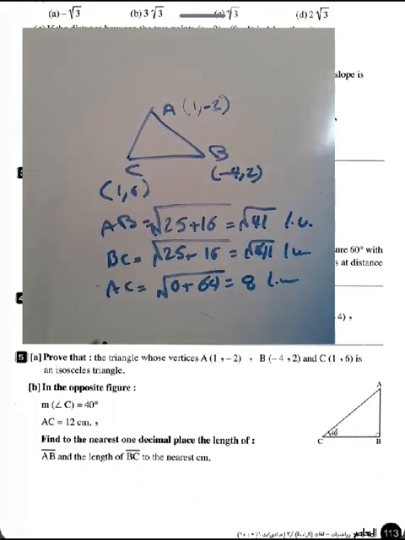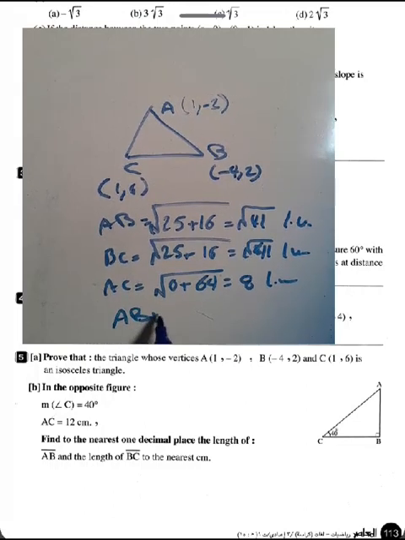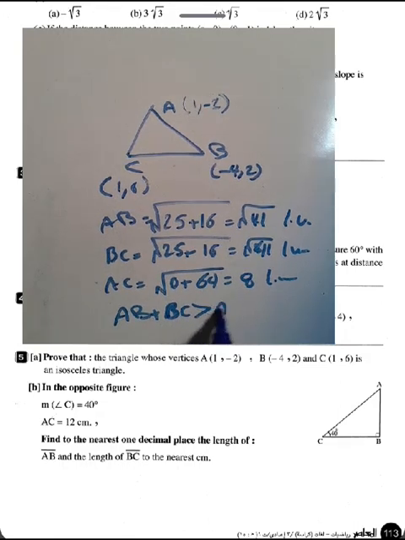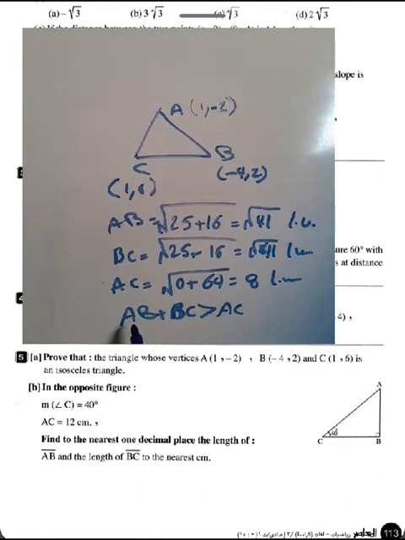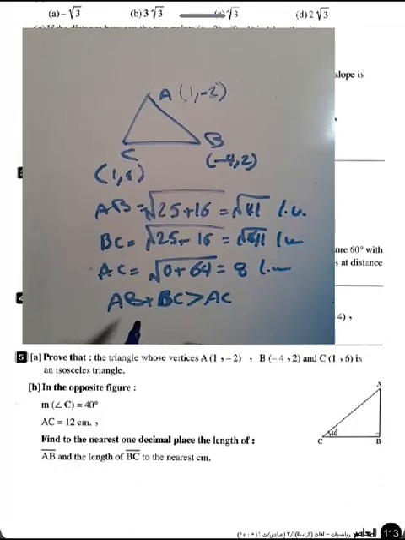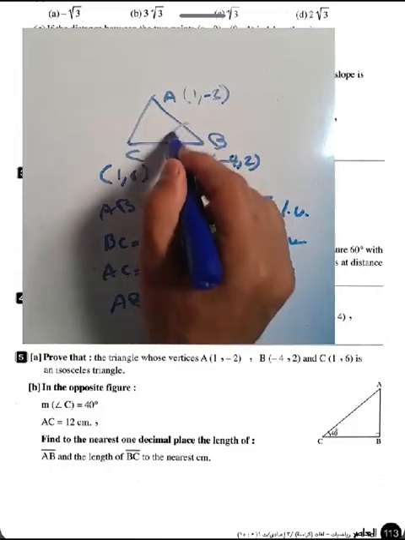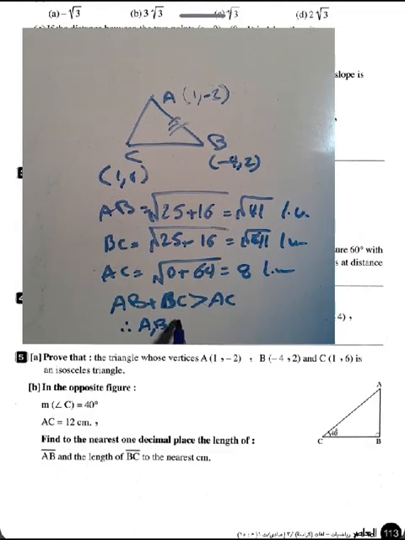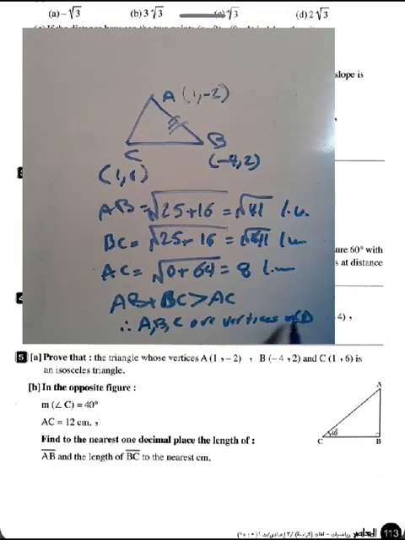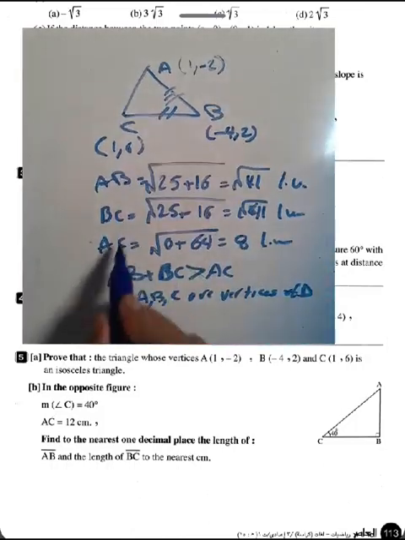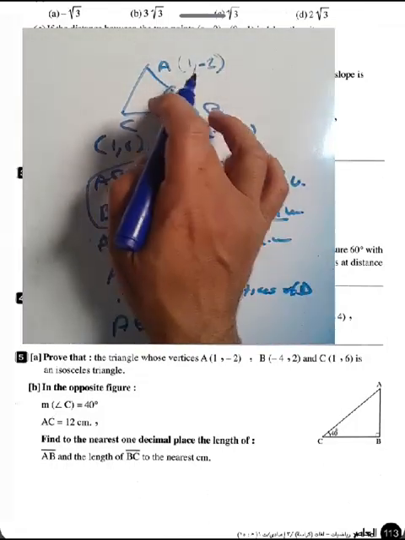Then we know the sum of any two sides in any triangle is greater than the third. If you add any two sides in a triangle, the sum will be greater than the third. Then AB plus BC is greater than AC, so A, B and C are vertices of a triangle, and we have AB equal to BC.